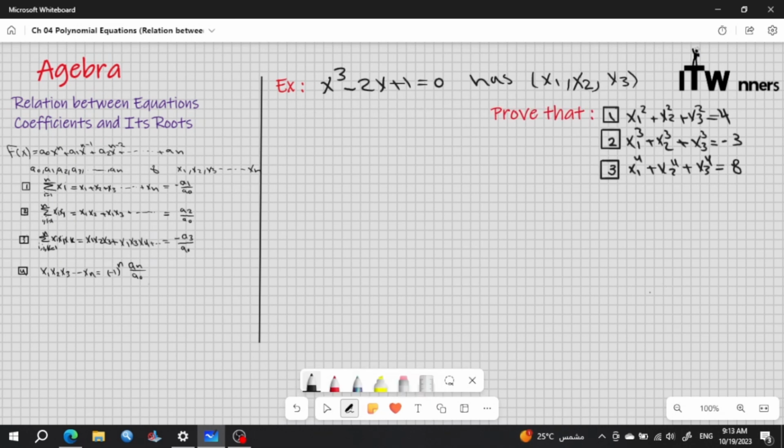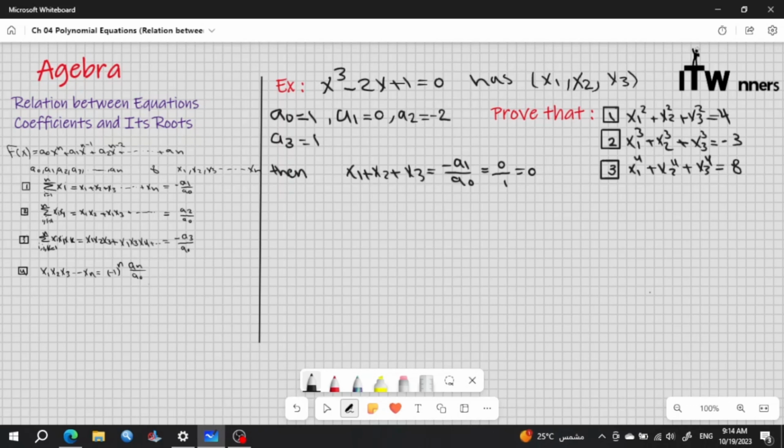Okay, so to prove, here we have a0 equal to 1, a1 equal to 0, a2 equal to negative 2, and a3 equal to 1. Then x1 plus x2 plus x3 will be equal to negative a1 by a0, which is 0 by 1 equal to 0.